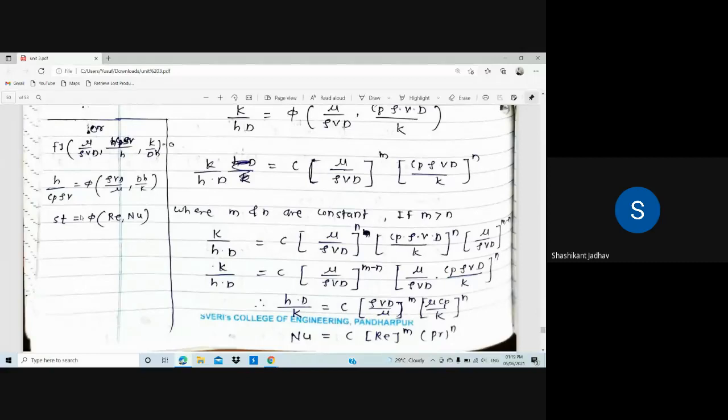We only have to do the simplification so that we get the Reynolds number and Prandtl number. So we change denominator and numerator and take the powers, and in that way we find the equation in the form of dimensionless numbers.